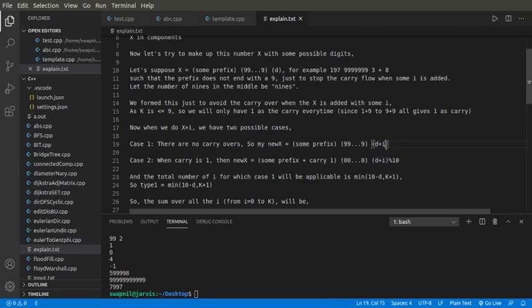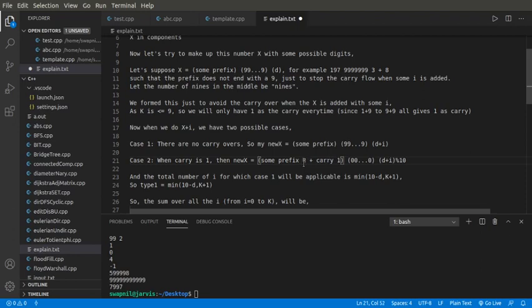And when this d plus i, when i is added over x, becomes greater than 9, then we will have a carry which is 1, right? At max 1. Then the new x will be some prefix plus carry 1, right? And this carry 1 will be absorbed here only. It will not flow over to higher digits, because the number by which this prefix is ending is at max 8.